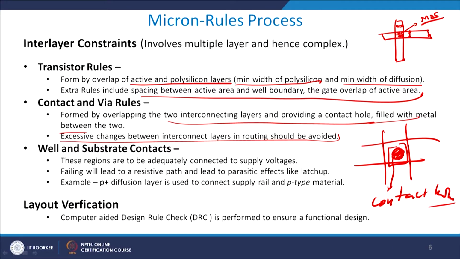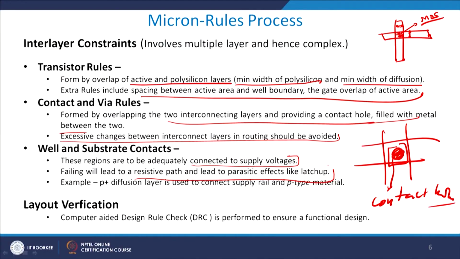Now well and substrate contacts should be adequately connected to the supply voltage, as we have discussed already. Failing this will lead to resistive path and lead to parasitic effects such as latch up. This is pretty important, and a problem area you seldom find especially in the micron based design rule is if you do not connect your substrate and your N well, P well either to the supply or to the ground, and you keep it floating, chances are that there is a problem of latch up.